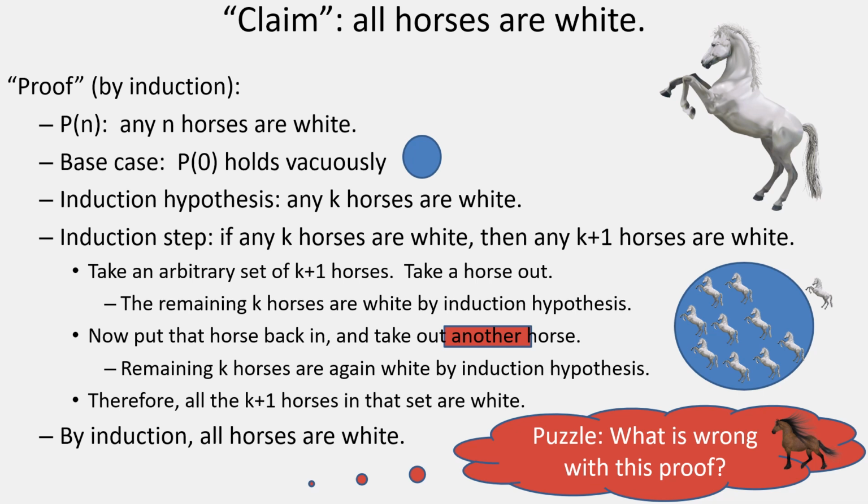So in order to prove a base case for which you could make the sentence, take out one horse and take out another horse, we would have to prove it for k equals 1 and k equals 2. But for k equals 1, it already breaks down because for k equals 1, there is no another horse.